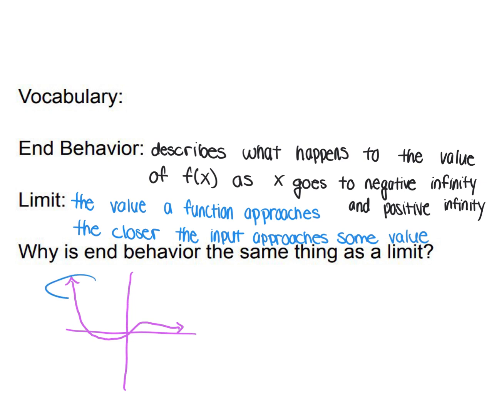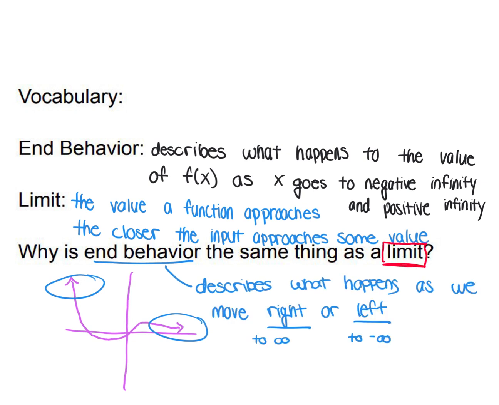The end behavior is this part and this part here. So the end behavior describes what happens as we move right or left. And as we move to the right, that means we're going to infinity, and as we move to the left, it means we're going to negative infinity.